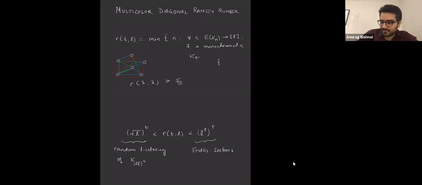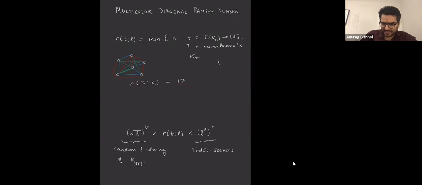In fact, we know exactly what this number is. I mentioned this in the third lecture, I believe, that this number is known to be exactly equal to 17. So if you three color the complete graph on 17 vertices, then you will always have a monochromatic triangle. But if there is a coloring of a 16 vertex complete graph where you don't have any monochromatic triangles.